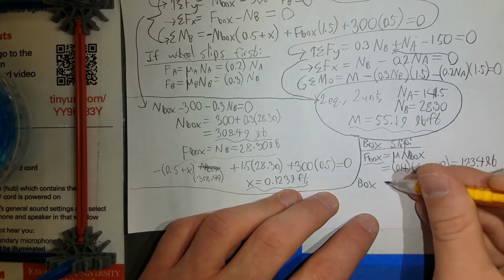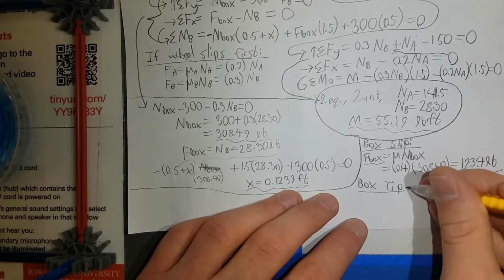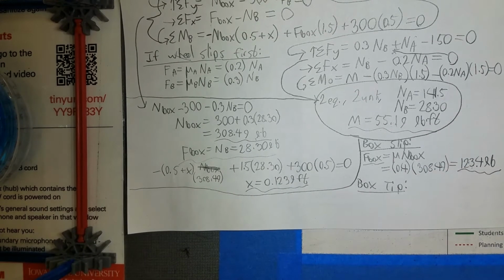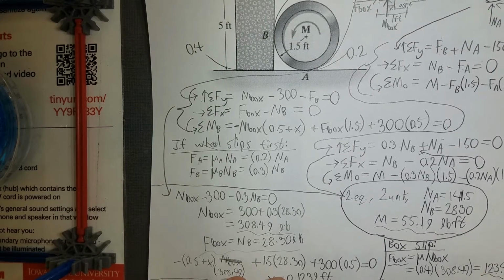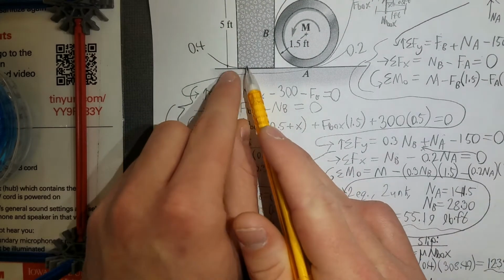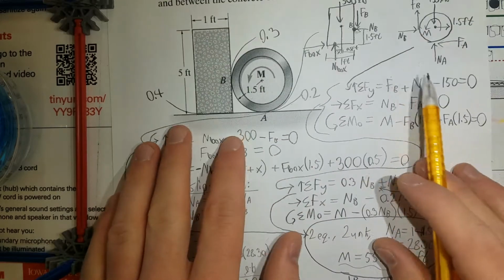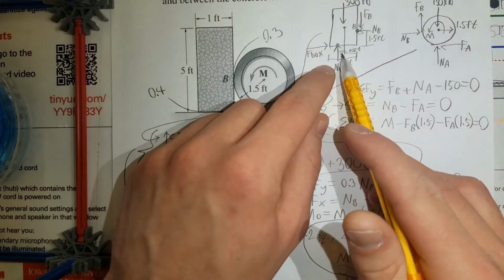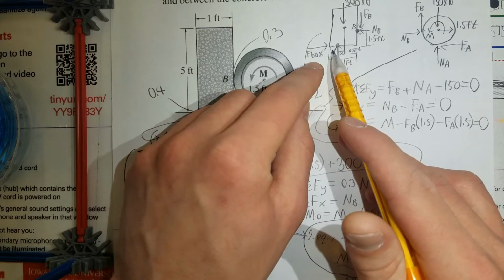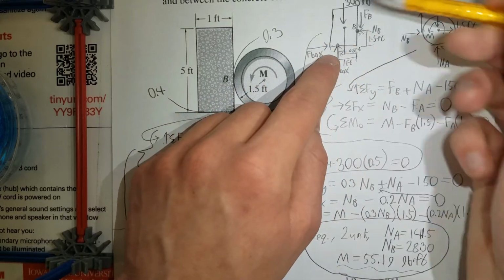And then the next thing we need to look at is if the box were to tip. If the box were to tip, really the impending motion is if the normal force would be right on the edge of the box here. If we were to take a look at it here, that would mean that x would equal 0.5 feet. It'd be right on the edge and the box would be right there tipping.